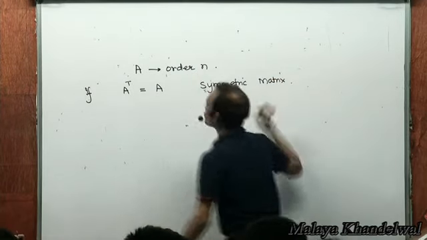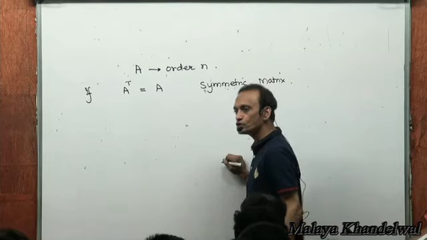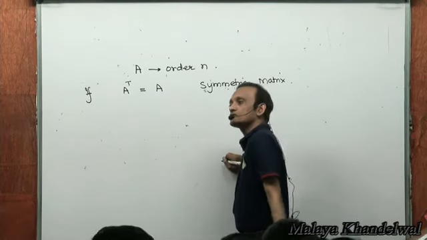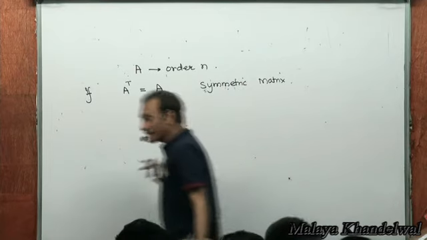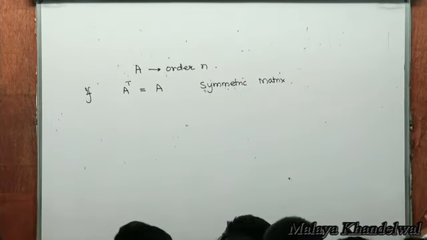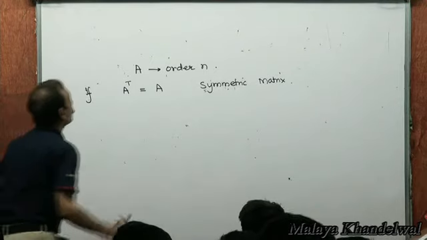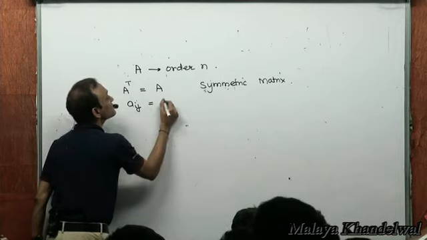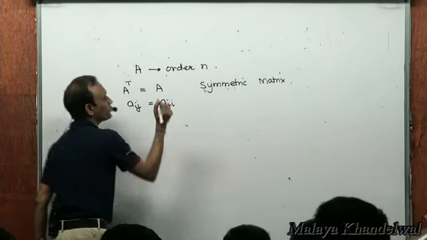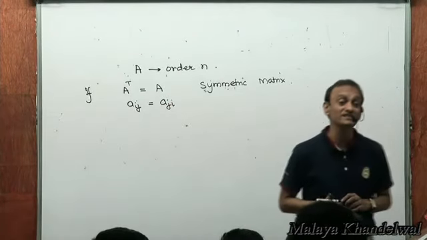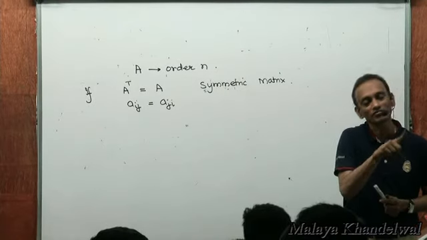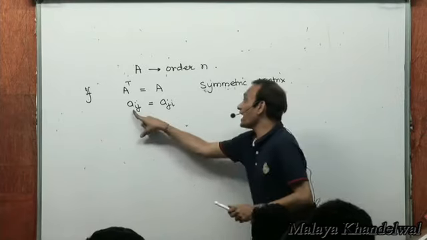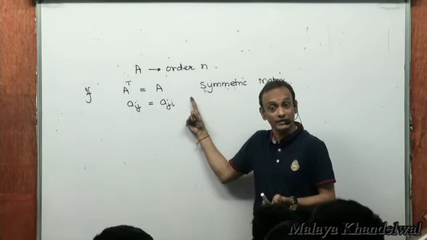That means converting rows into columns and columns into rows, if no change is perceived in the matrix, then the matrix is called a symmetric matrix. That can happen only if the ijth element of A is the same as the jith element of A. Because when I transpose, the ijth element becomes the jith element.